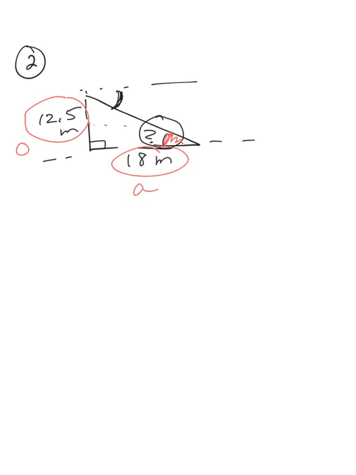Opposite and adjacent. So what are you going to be using for this one? Tangent. So you're looking for an angle. Tan x equals 12.5 over 18. Opposite first. So if you're looking for an angle, Benji, how do you find it?